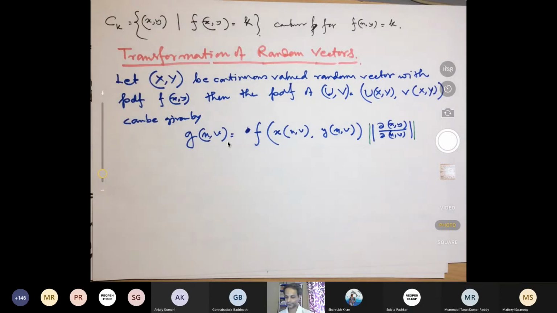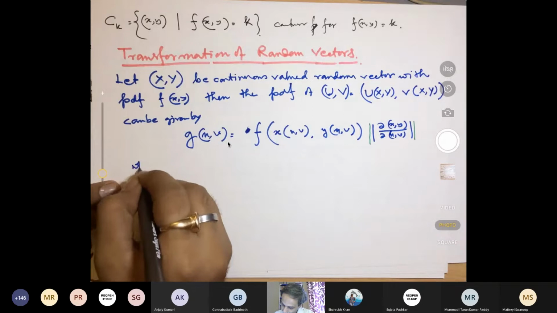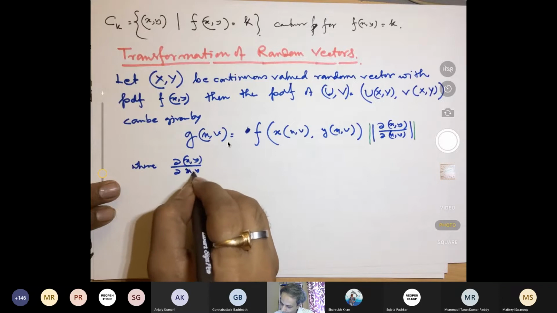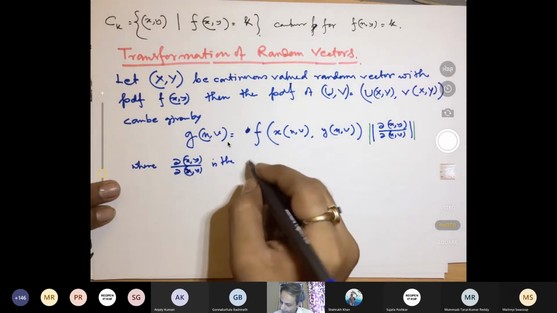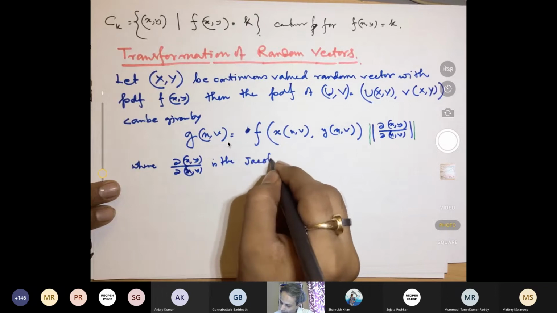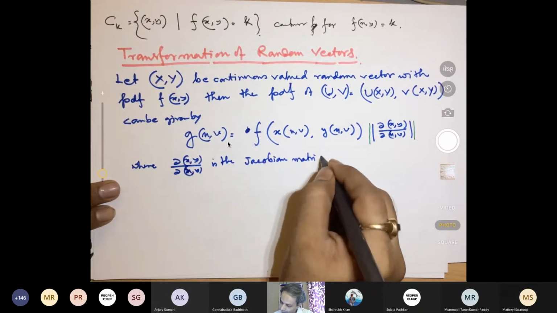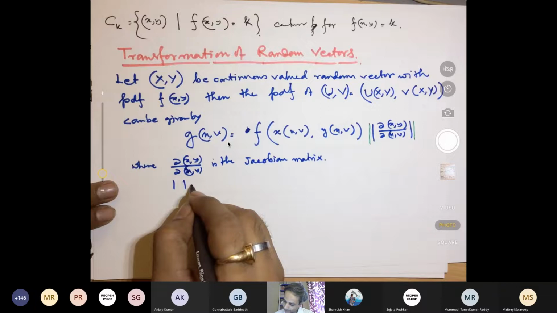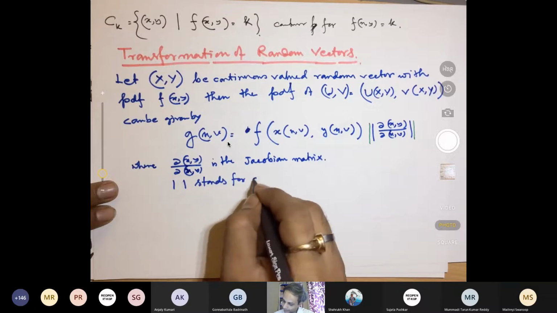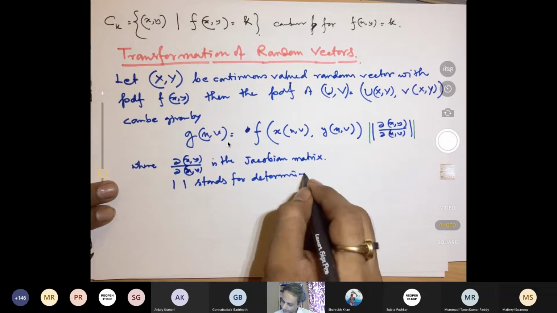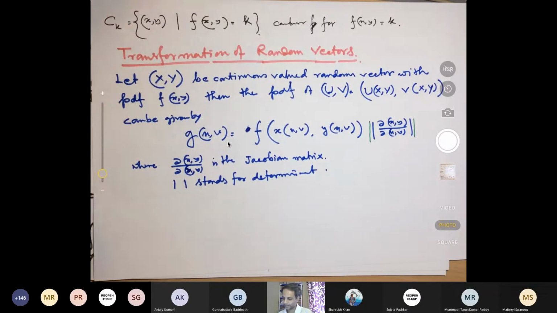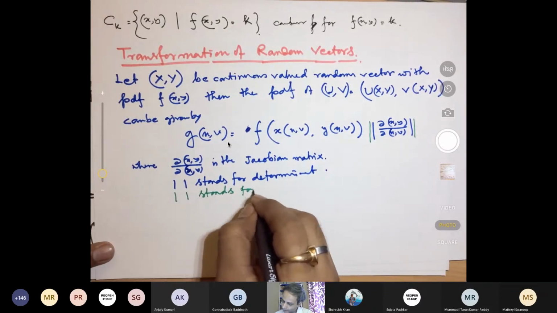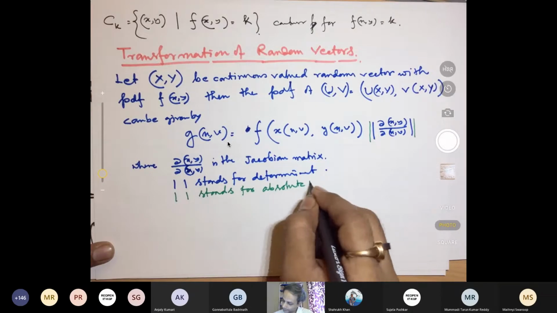So where del(X,Y) by del(U,V) is the Jacobian matrix, this inner one stands for determinant, and this outer one stands for absolute value.